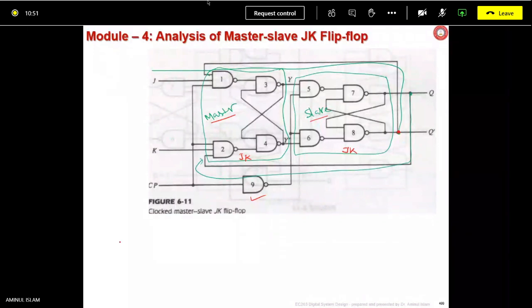This circuit also prevents multiple toggling during one clock pulse, or what is called the race around condition. So the race around condition may be prevented by the master slave JK flip-flop, or if CP is less than TP, and another one is if you are making the clock pulse like a spike using a high pass filter. These are the three techniques.